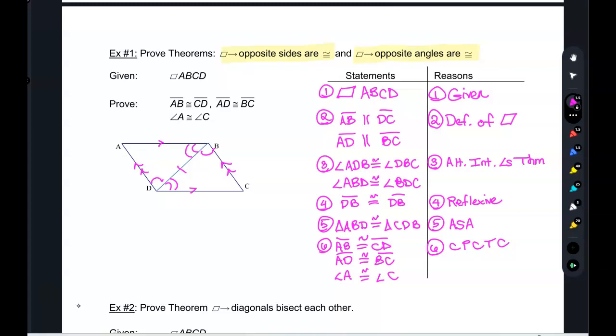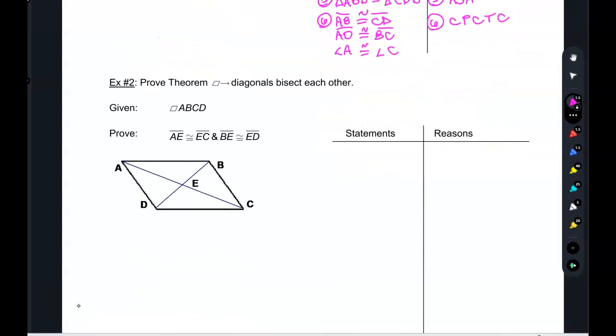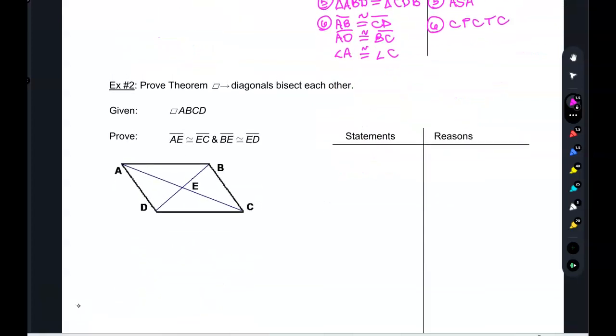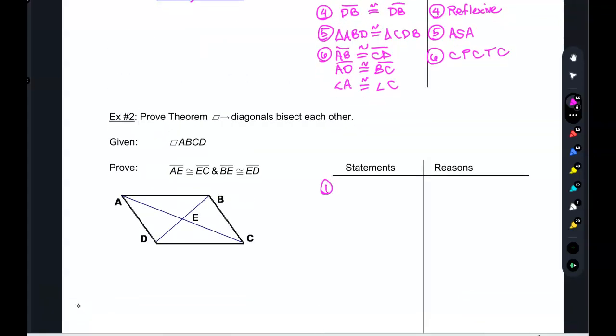Okay, now that we proved those two theorems, we can use them on the next proof. Okay, so we have parallelogram ABCD. We could say AB.